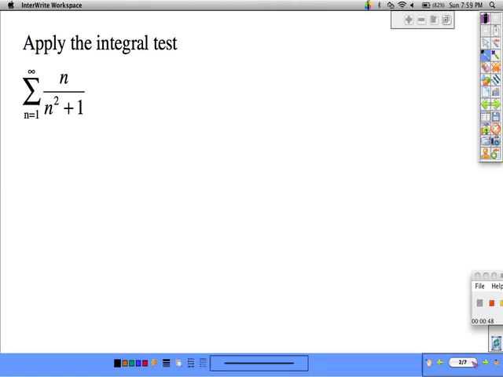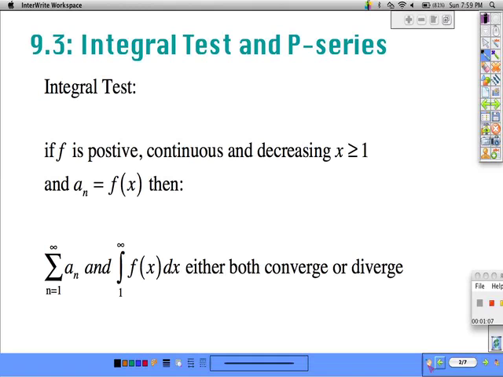So we're going to apply the integral test here, and what we're going to look at is f of x equals x over x squared plus 1. Before we can use the integral test, we have to make sure that it fits the criteria, that it's positive, continuous, and decreasing.